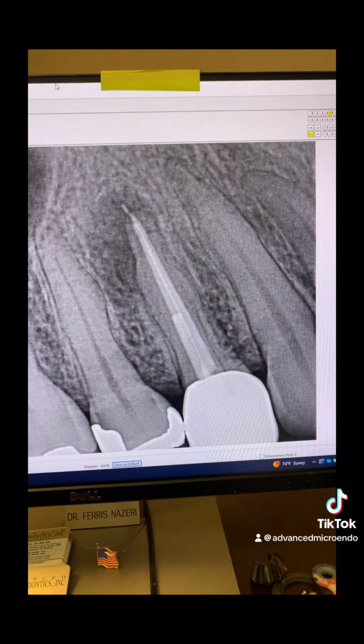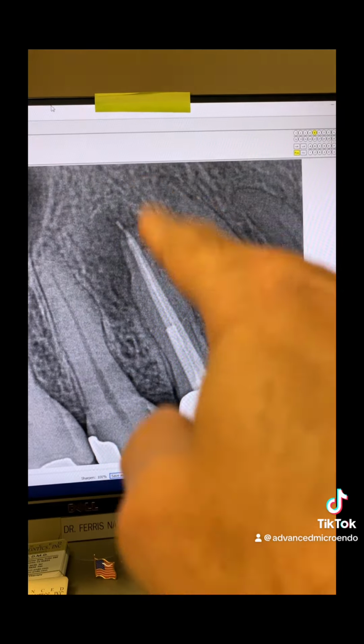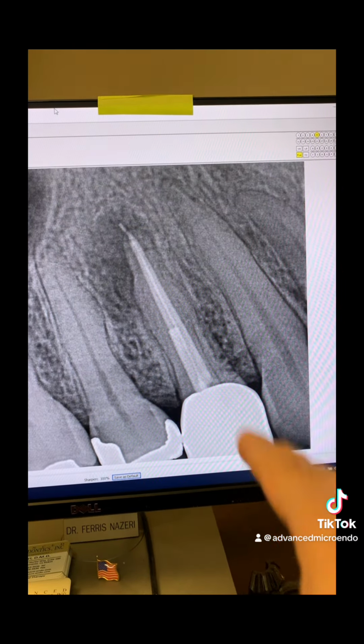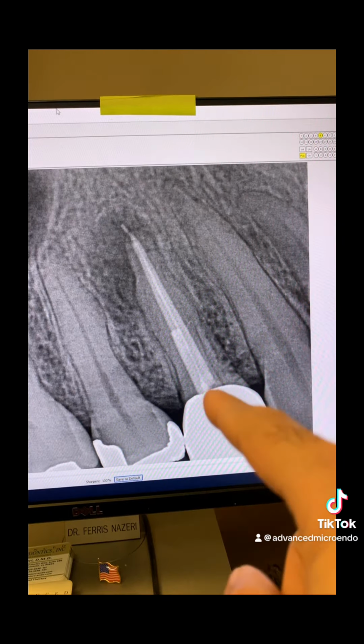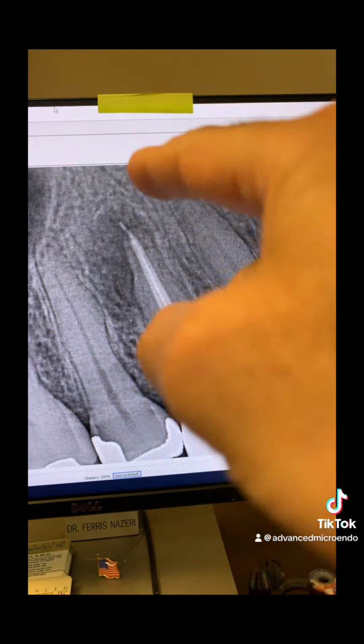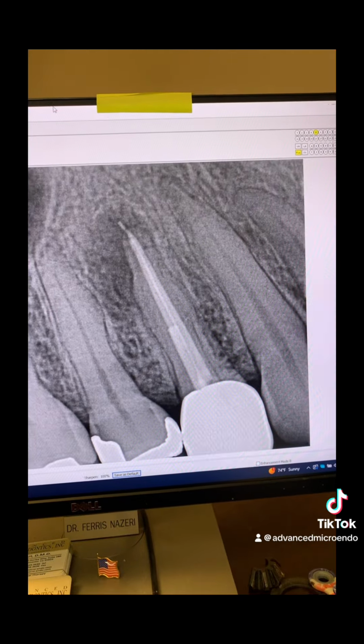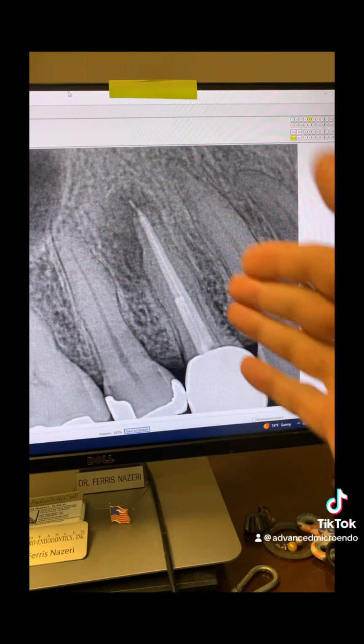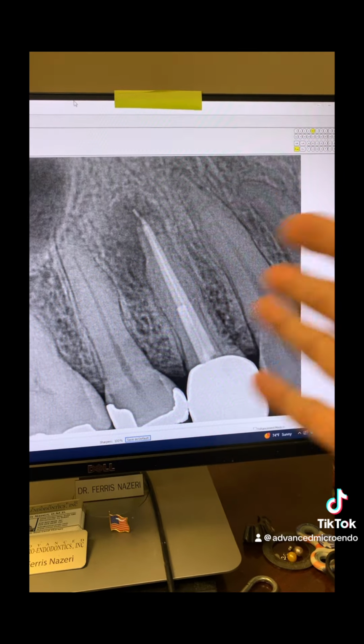All right. So why go to apico when I can just go through the crown here, remove the post, remove the gutta percha, and redo the root canal non-surgically first to get rid of all the bacteria throughout the entire length of the root canal systems. Then follow the tooth for a few months.